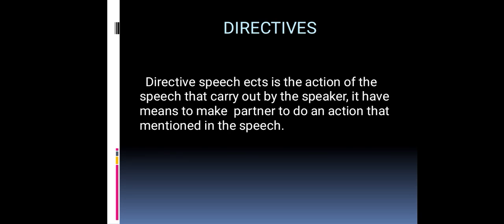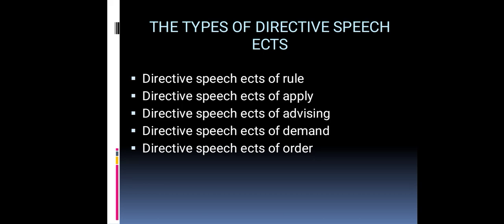First is about directive speech acts. Directive speech acts is the action of the speech carried out by the speaker. It means to make the partner do an action that is mentioned in the speech. Okay, and then about the types of directive speech acts, I have shown five.